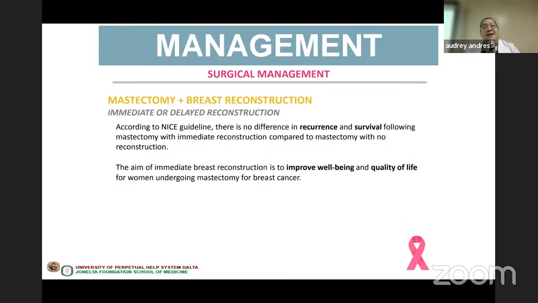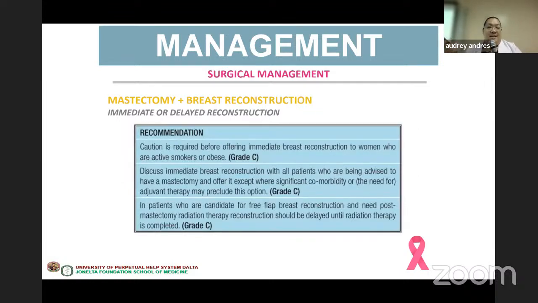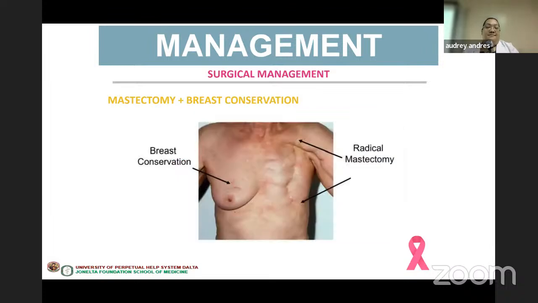Of course, it's important you do breast reconstruction, especially for women. This would be most of their concern, how they would be disfigured after surgery. Okay? So these are your mastectomy recommendations for delayed reconstruction.